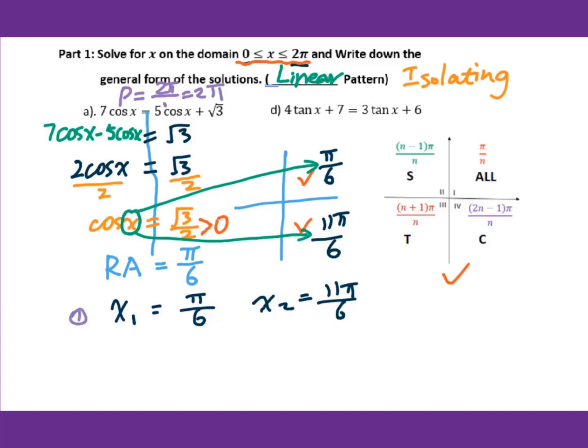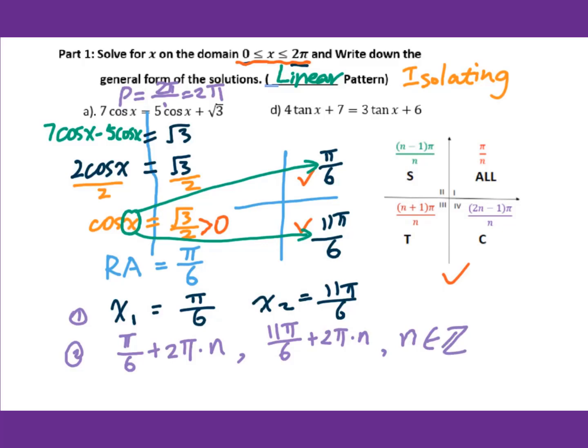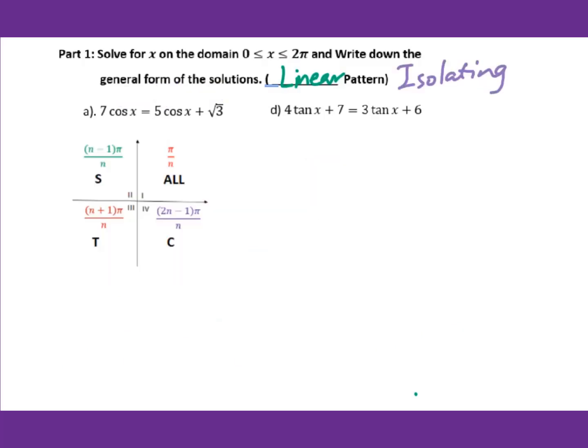Therefore, the general form will be pi over 6 plus 2 pi times n, and 11 pi over 6 plus 2 pi times n, where n is integers.